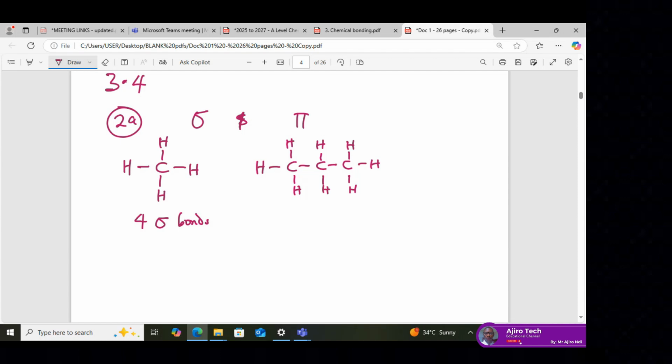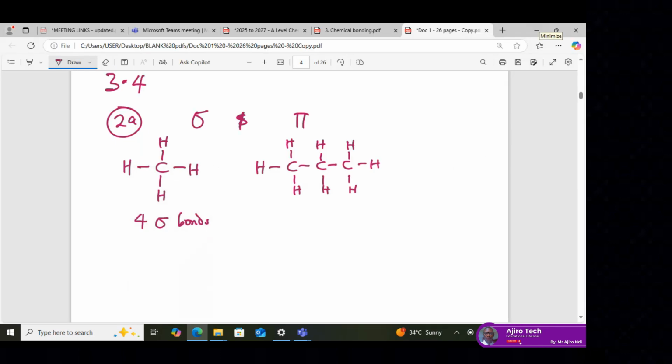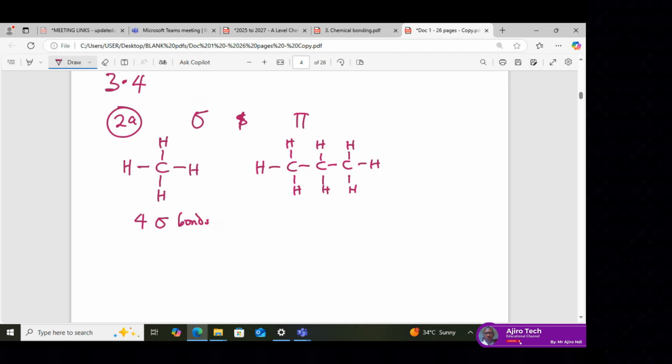How many carbon hydrogen bonds do we have in this molecule? I'm also counting the ones by the side. All the carbon hydrogen bonds, all of them. 8. Then how many carbon-carbon? 2. Thank you. So how many sigma bonds? 10 sigma bonds.